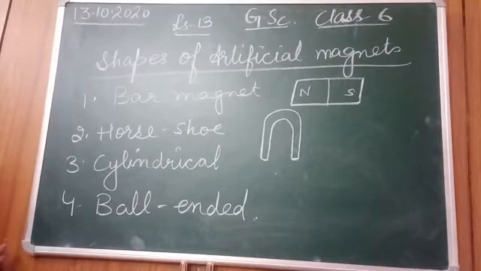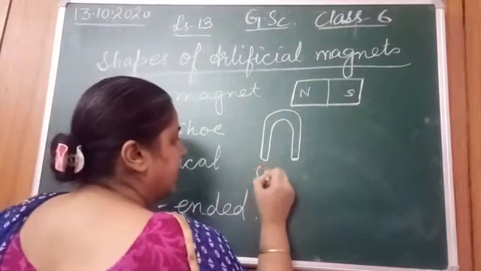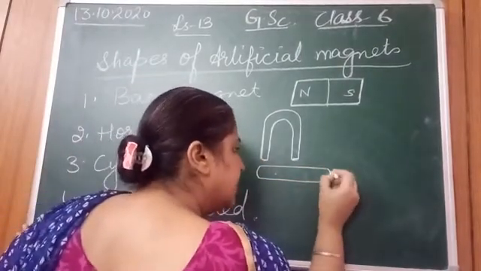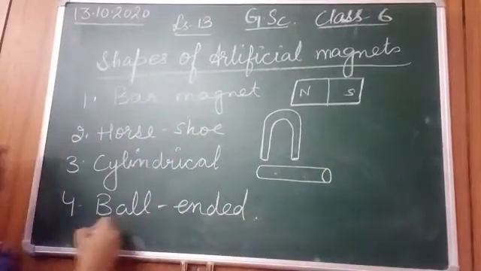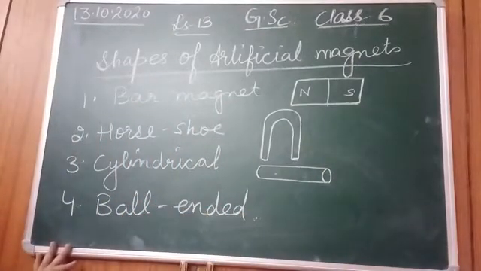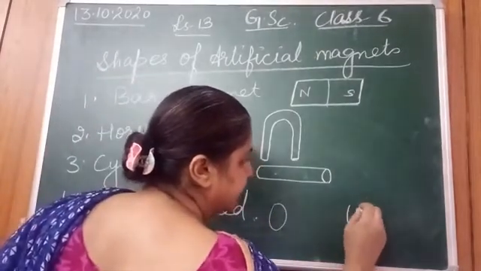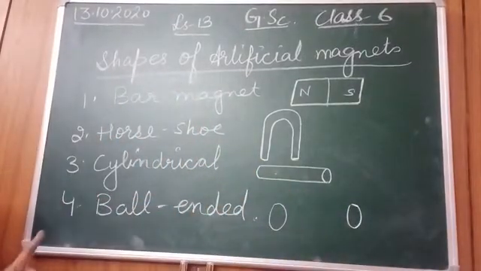You know the shape of a cylinder, you have done it in maths also. This is a cylindrical magnet, right? Then comes the ball-ended magnet. Here you can make two balls at the end, because it is called a ball-ended magnet.